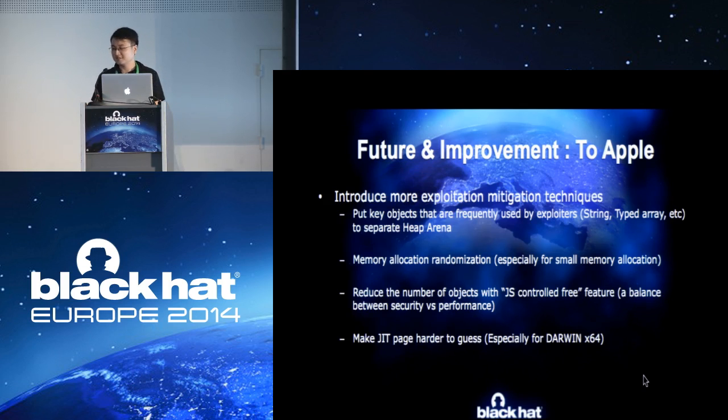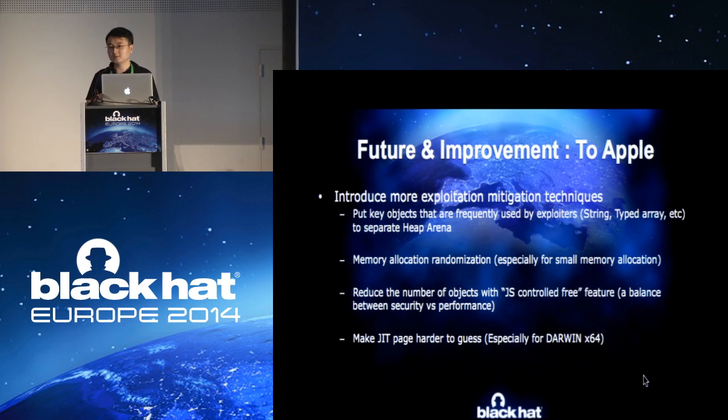So the first suggestion to Apple is that you can put a lot of frequently used objects into the Heap Arena. Just like Chrome, for example, the typed array is put in the V8 heap, but in Safari it is not. So maybe we can do that. And also we need to enable memory allocation randomization, especially for small memory allocations, because currently WebKit and JSC use tcmalloc, which is not quite random.